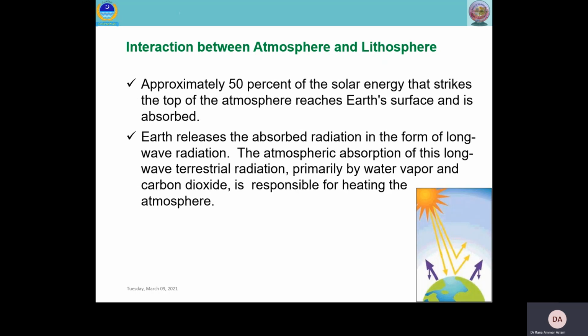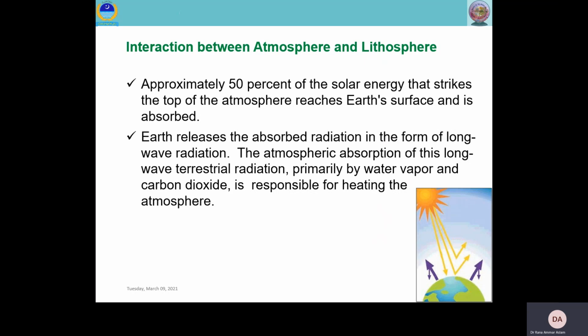The next is how the atmosphere interacts with the lithosphere. If 100% of energy is received at the upper layer of the atmosphere, 50% of that energy is absorbed by the land. And when it is radiated back to the atmosphere, its wavelength actually changes and its energy value actually increases, right?